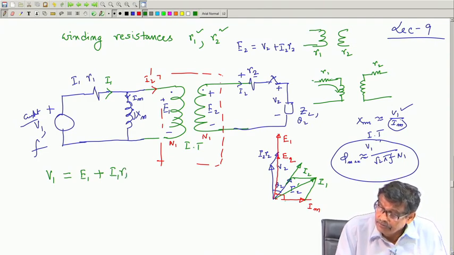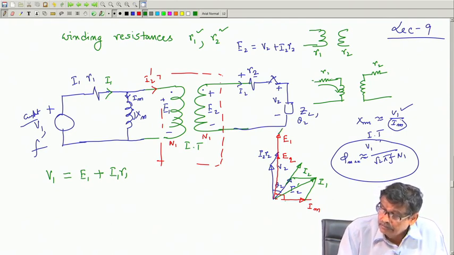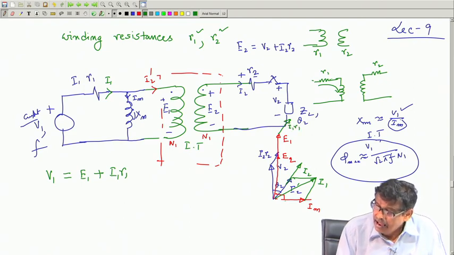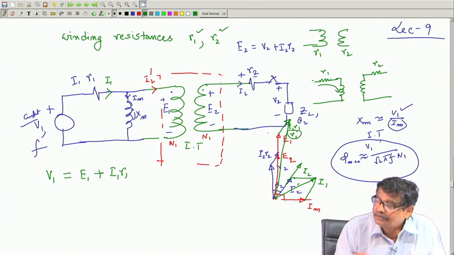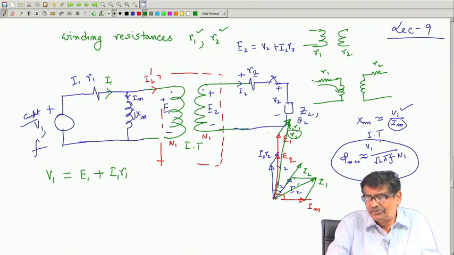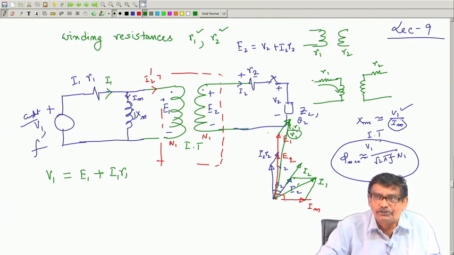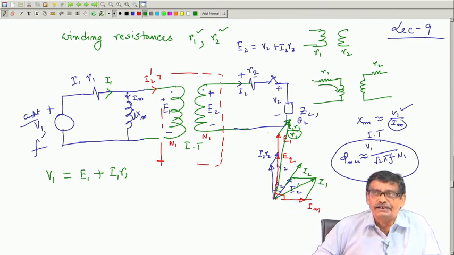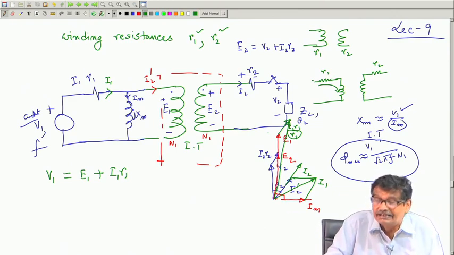So, E 1 is known, to this add I 1 R 1 parallel to this, and from this to this, then wherever you will land up, that will be your V 1. I think you have got the idea. See, life will not be so much complicated as we proceed, but what I am telling, this is exactly how to draw phasor diagram.